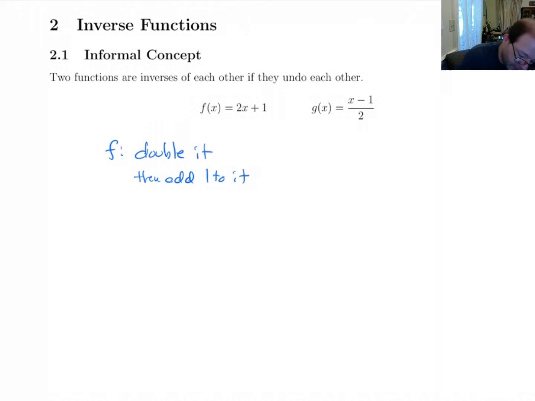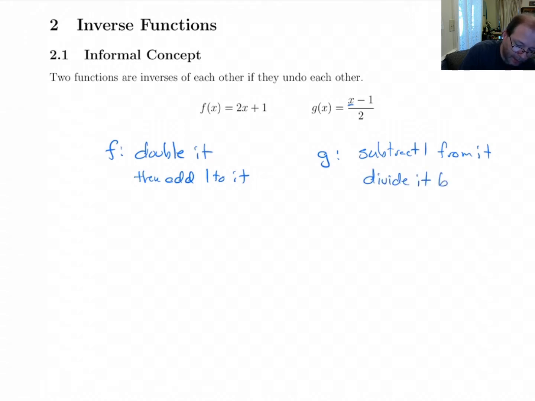And g of x says, whatever your input value x is, subtract 1 from it, and then whatever you get there, divide it by 2. So these two things undo each other.